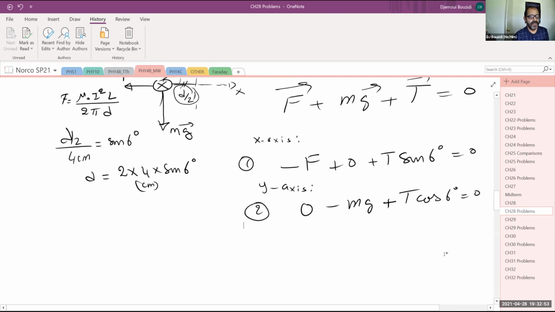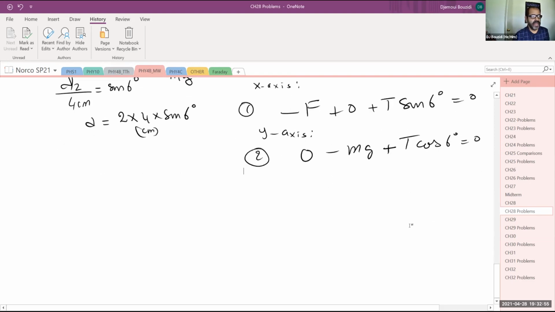Let's see if we can find stuff. So if I take equation 1, rewrite equation 1 as follows: F, I'm going to move it to the other side, will be simply T times sine of 6 degrees. And the second equation, if I put mg to the other side, it will be mg equals T times cosine of 6 degrees.